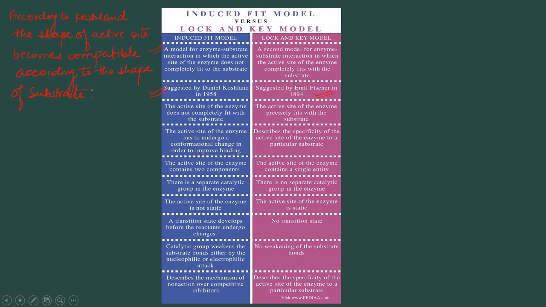The moment the substrate attacks the active site, only then will the shape of the active site change. The active site has two groups, the buttressing site and the catalyzing site.